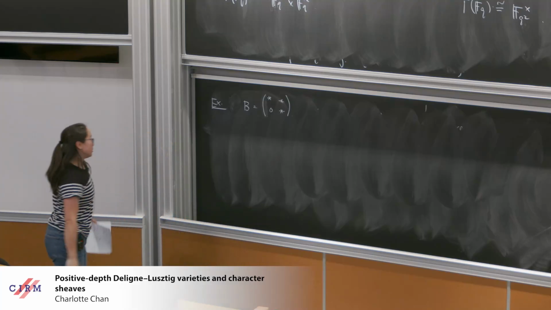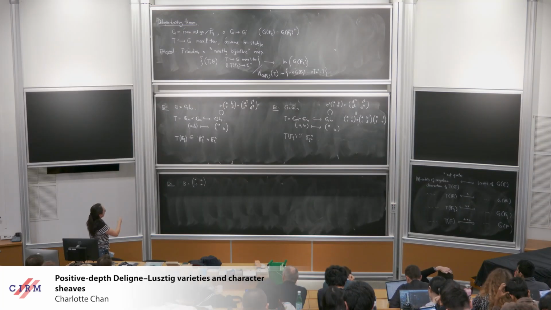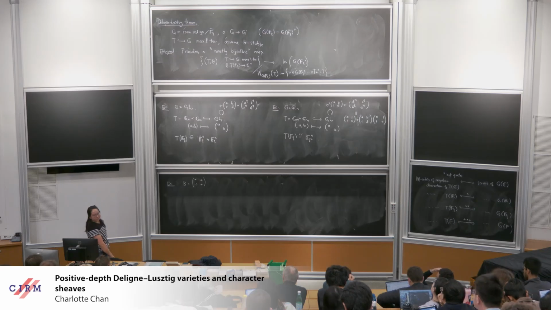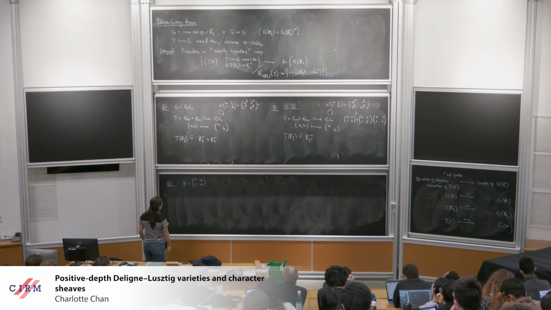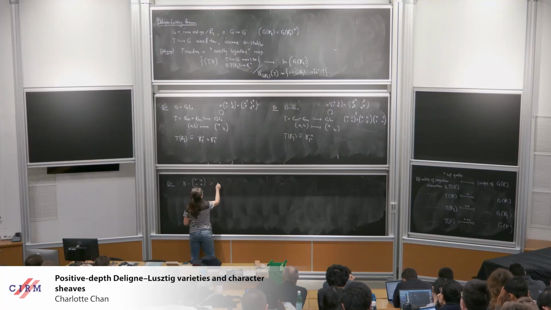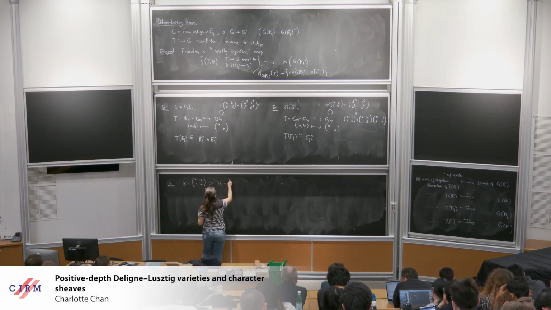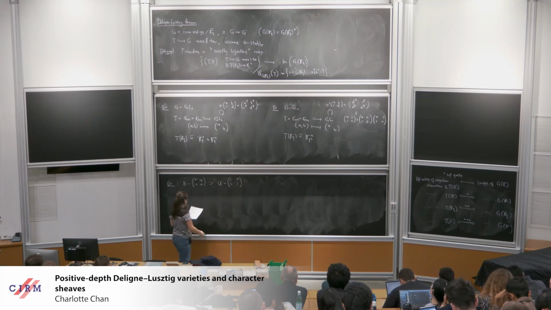So B is for Borel, the upper triangular matrices. This thing is stable under sigma because sigma just raises everything to the qth power. And then inside here, I also take U to be its unipotent radical, which looks like this in this case.